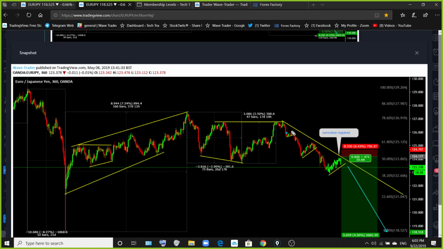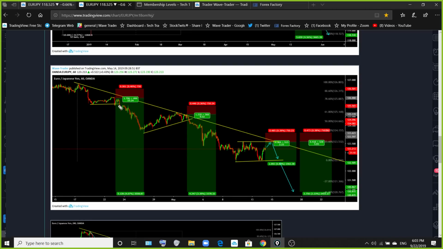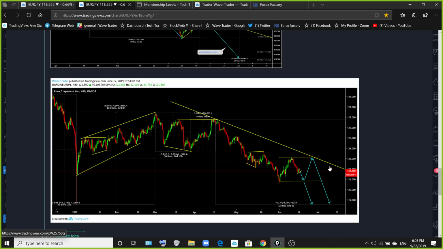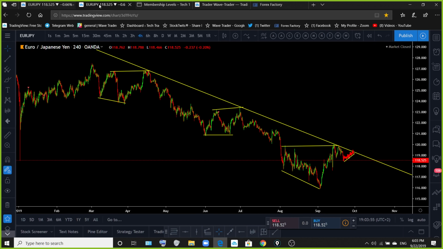The first correction appeared there, the second correction appeared there, and after that, corrections kept appearing on the euro yen and it just kept going down. You see the examples are there, right? So a 15-minute correction, a 60-minute correction, then a flat formation which we had there, and that flat appeared, and like that. Hope you now got what to look for on the euro yen. It's a good pair to trade for the downside. You have just seen past examples on the euro yen chart.